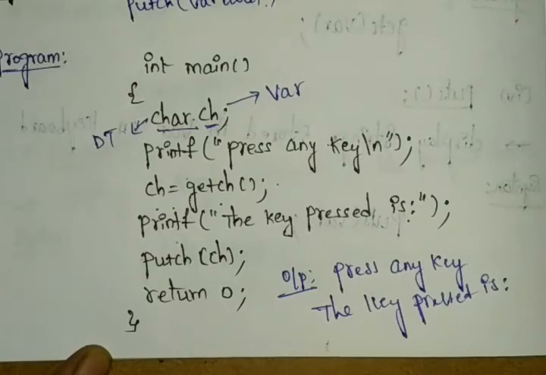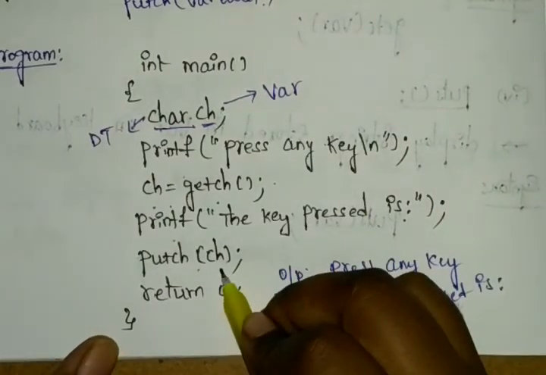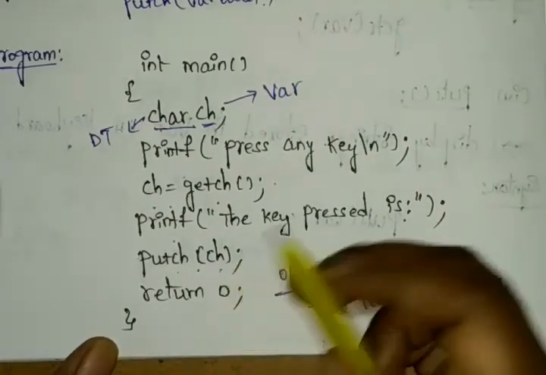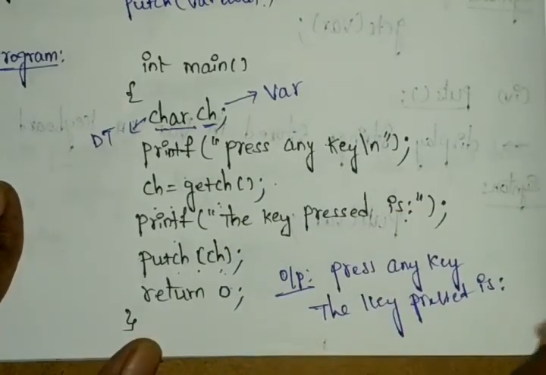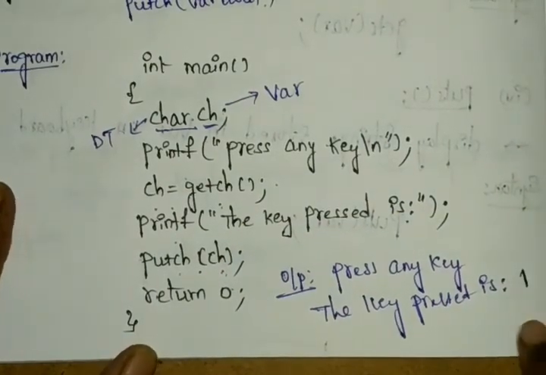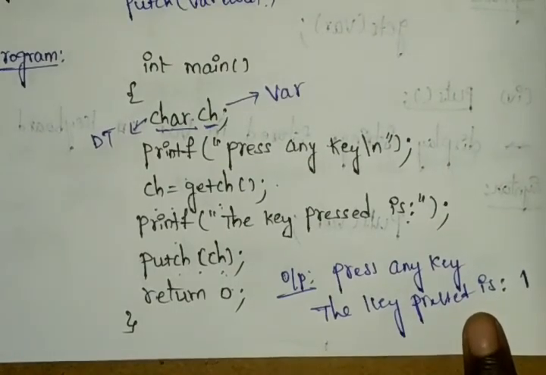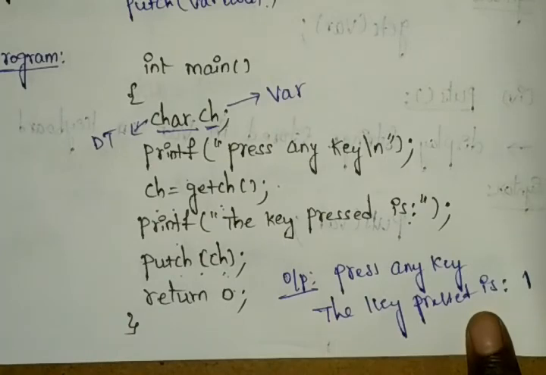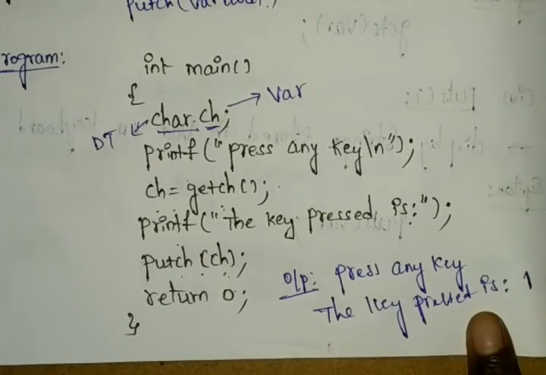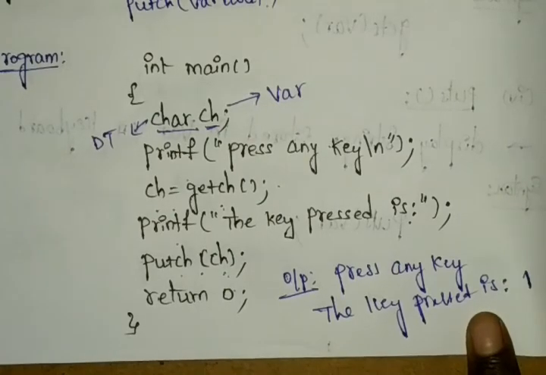It is entered into the variable and passed to putch. Suppose I pressed 1, so putch accepts not only characters but alphanumeric characters. It may be alphabets or numerics; anything can be displayed by our putch.